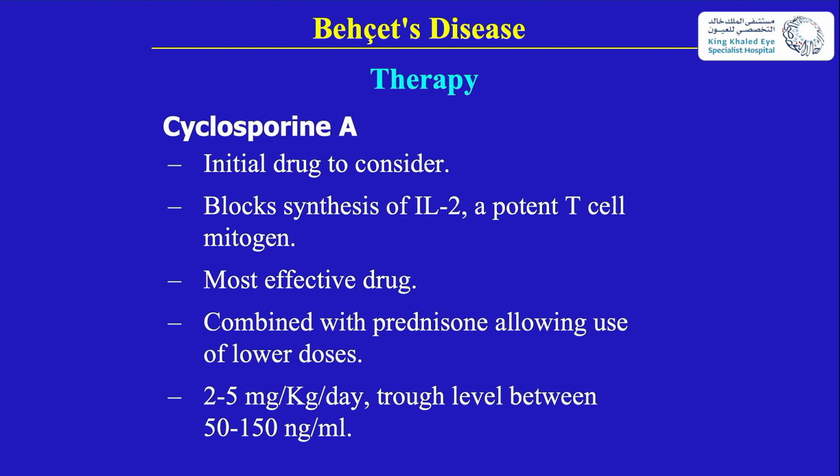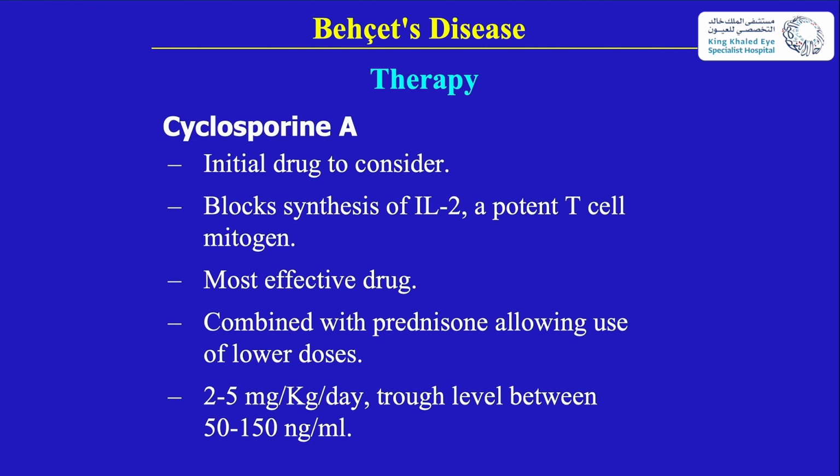Cyclosporin is an immunomodulatory agent and is effective in patients with Behcet disease to reduce the flare-ups. However, it's not 100% effective. The starting dose is 2 to 5 milligrams per kg body weight divided into 2 doses.